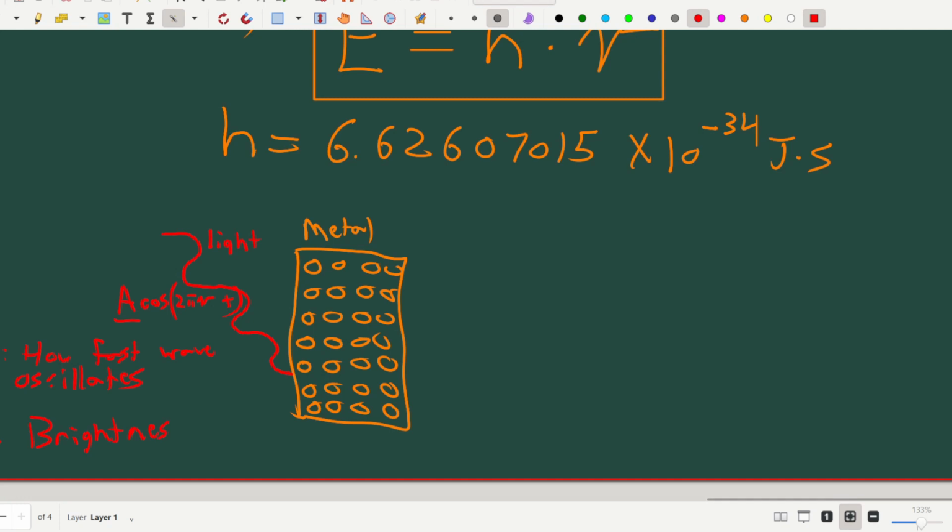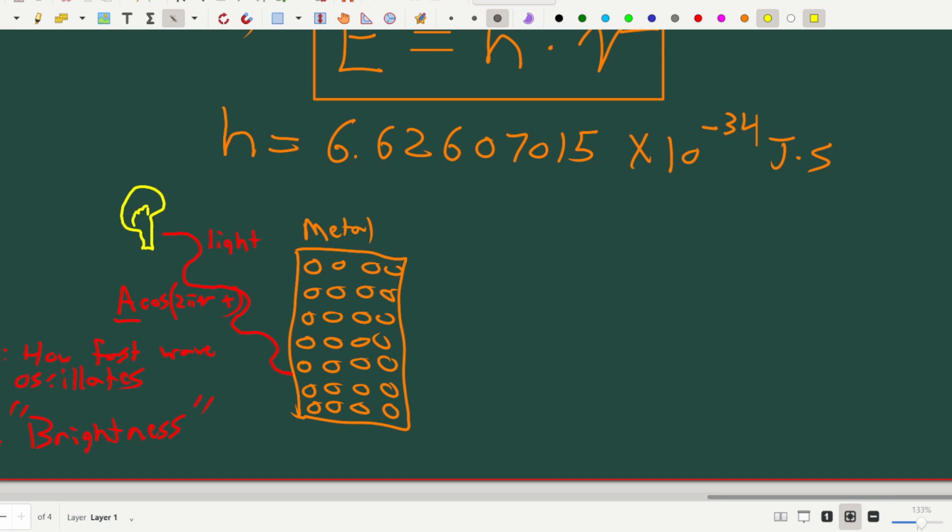The brighter the light source, and I'll draw a little light bulb here, you have a little light bulb that shines light at this metal. We can turn the brightness and we can change its frequency. Those are the two things we can change about it: how fast the light is oscillating, its wavelength, if you will, or color, and its brightness.